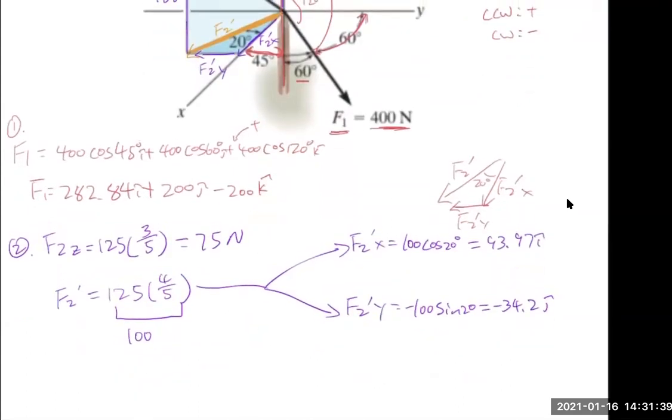Okay, so right now we have our F1 in the coordinate direction angle form. We have to put our F2 in the coordinate direction angle form also. So F2 is equal to 93.97 i hat plus negative 34.2 j hat plus the 75 newton right here, just in k.